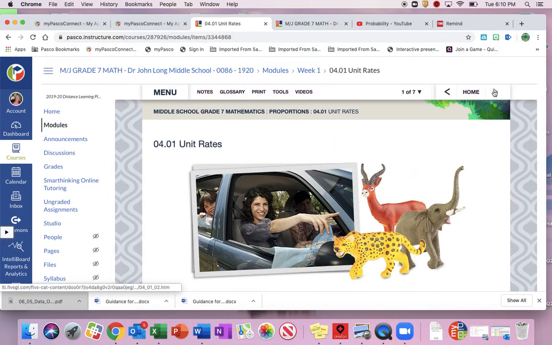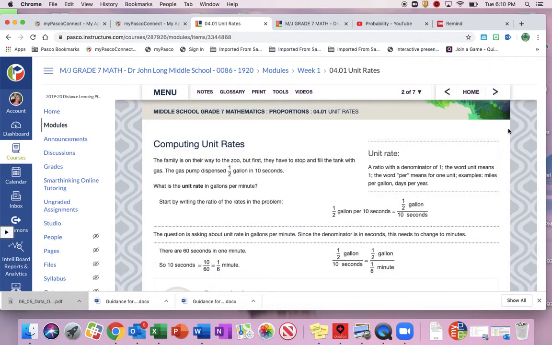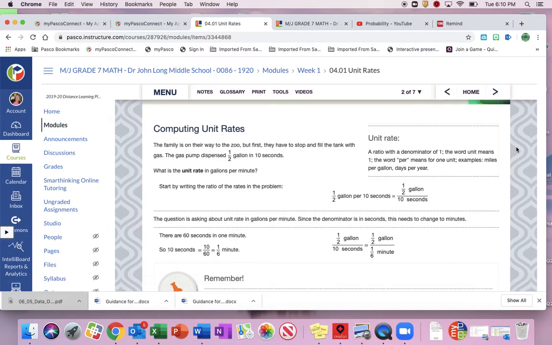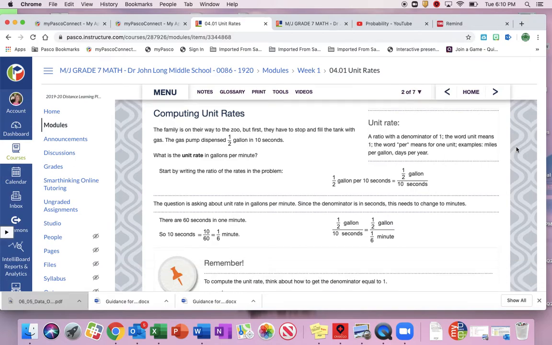All right, let's go ahead to page 2, where it does some review vocabulary with unit rates. Unit rates meaning that the denominator is 1. Sometimes we have unit rates with what are called complex fractions. So as you can see here, we have 1/2 gallon per 10 seconds.